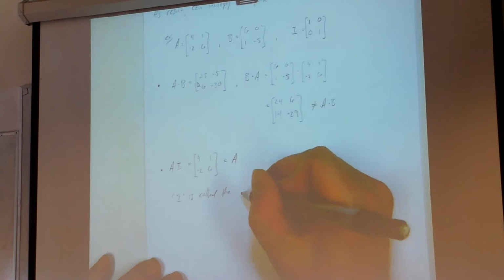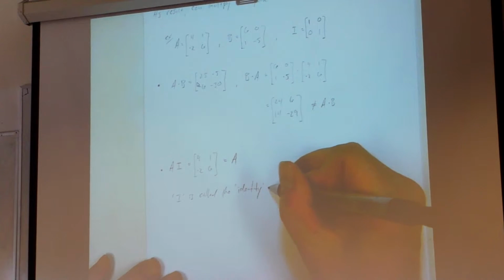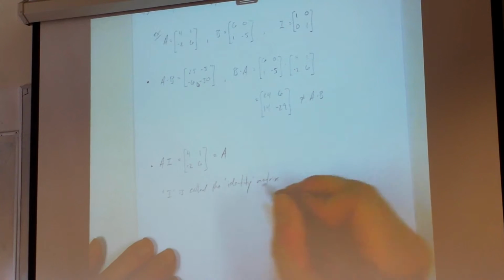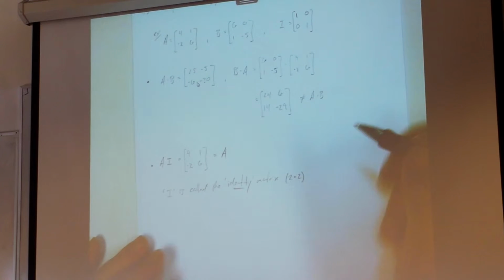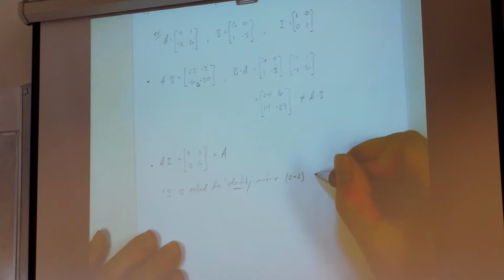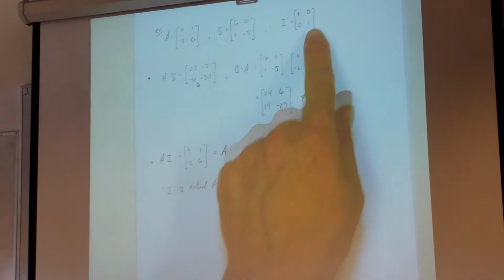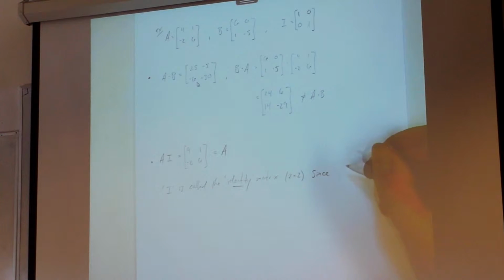Called the identity matrix. Okay. In this case, the 2 by 2 version. And you can verify that if I switch the order and multiply I times A, we'd still get A.